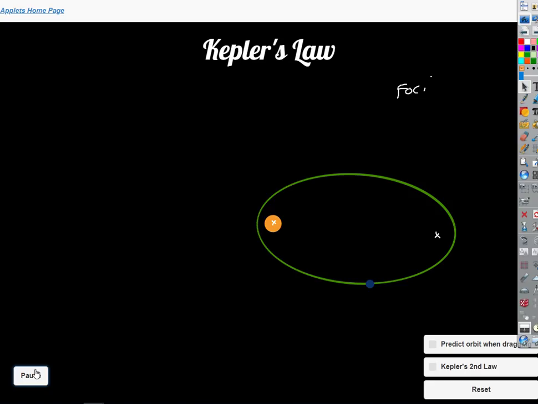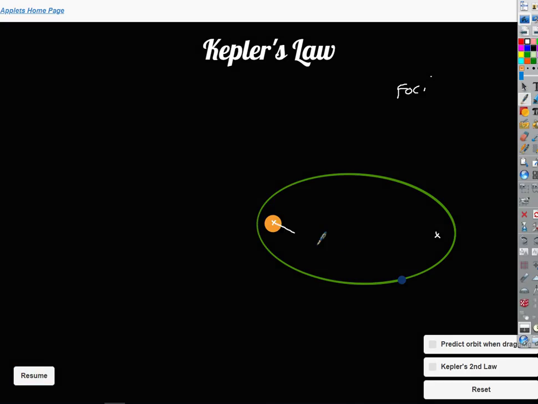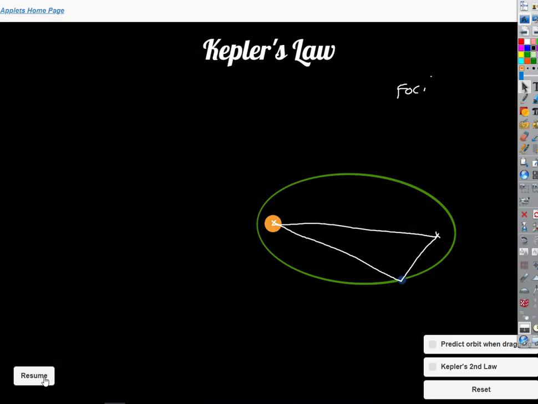For example, right there, the string would look like this. And if I go over here a little bit, right there, now the string would look like this.